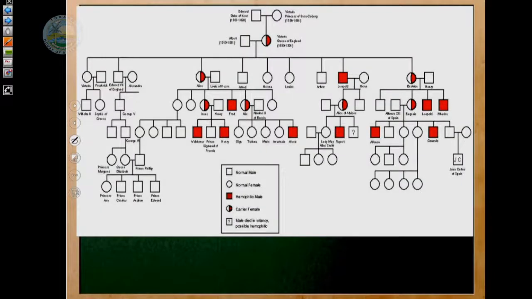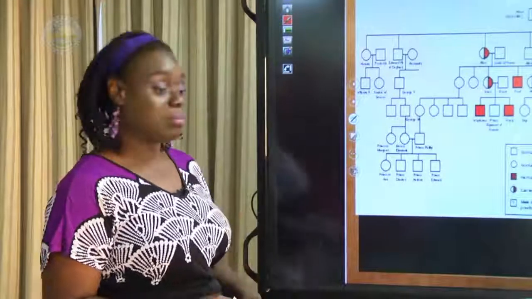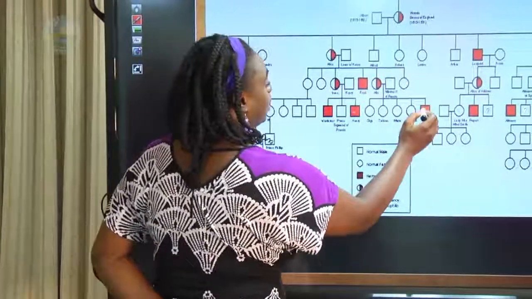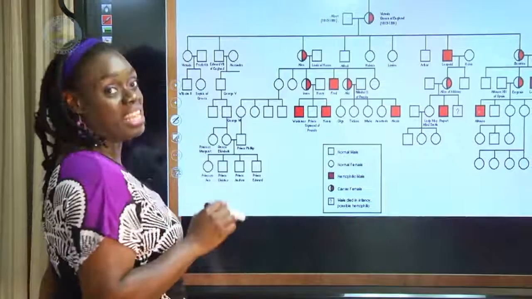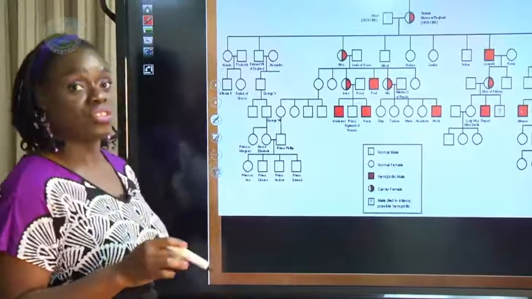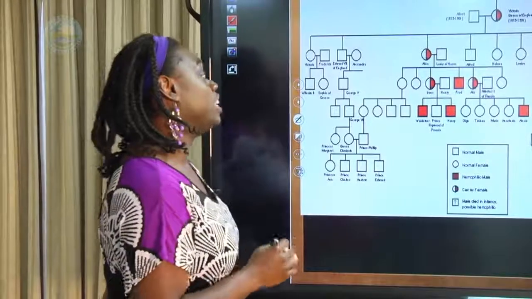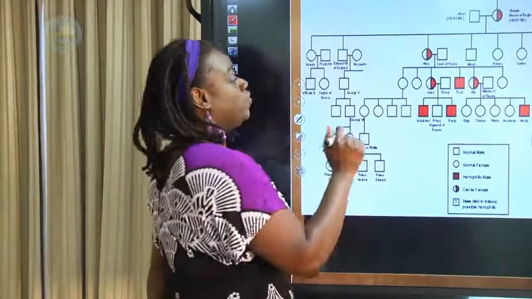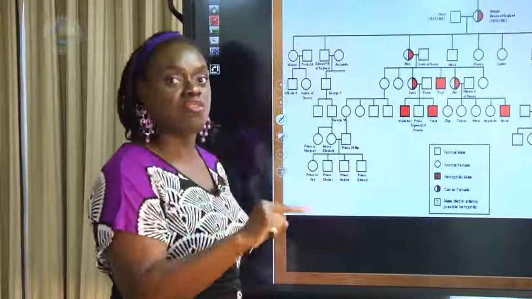So I've brought you back to the pedigree chart of the royal family, and I want you to notice something. All of the persons who have the disease are males. You hardly find a female having the disease. You have females who are carriers, but you don't have females who have the disease. And that is mostly because a female with the disease would have to come from both parents having the disease.